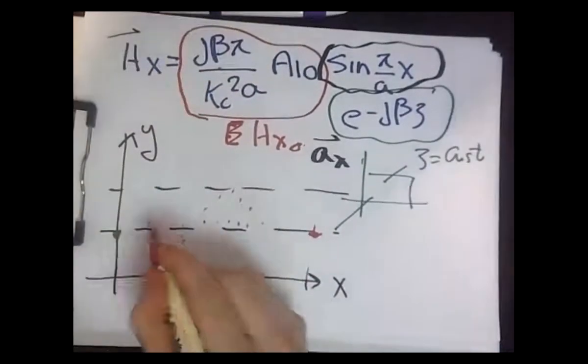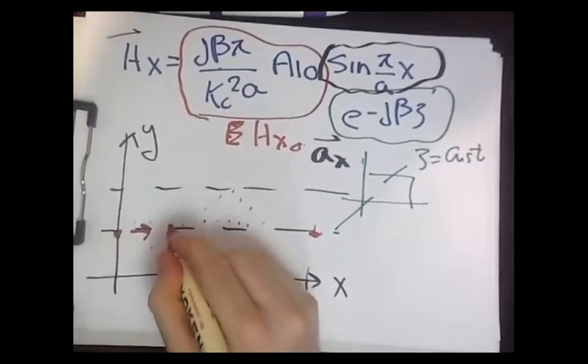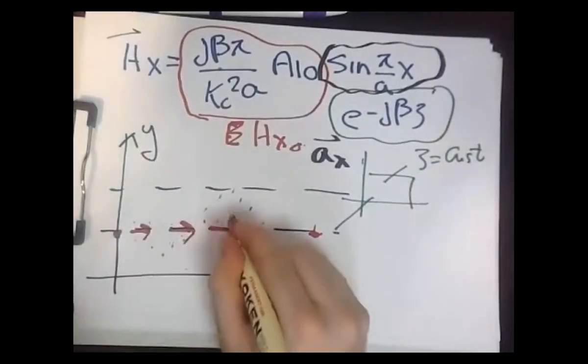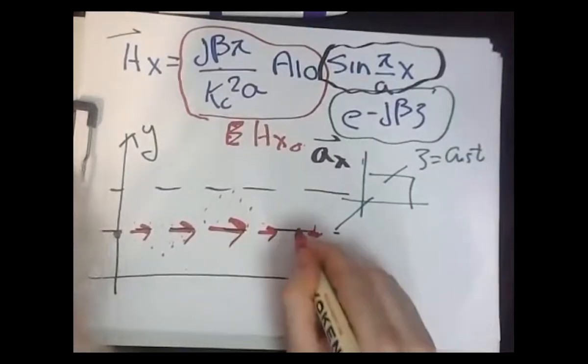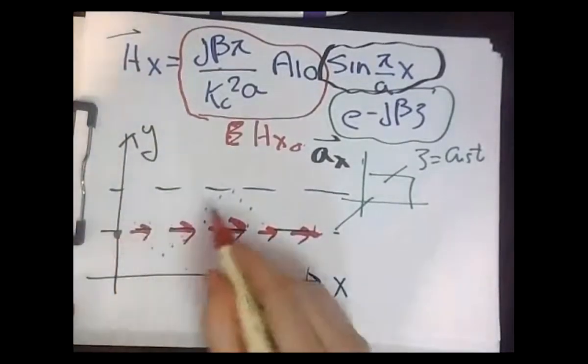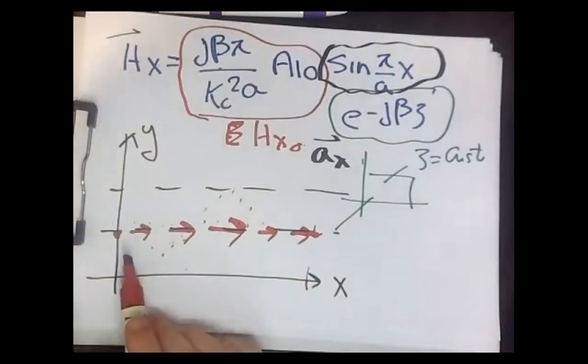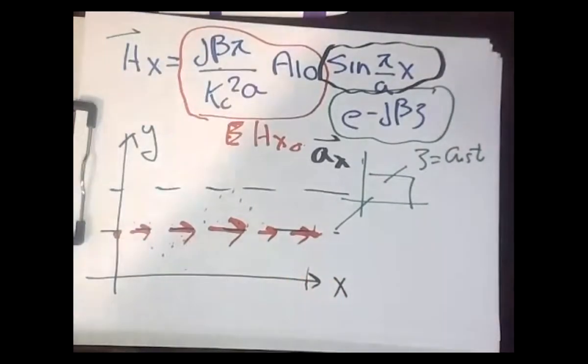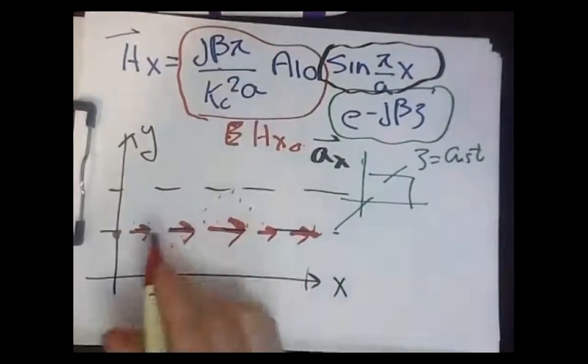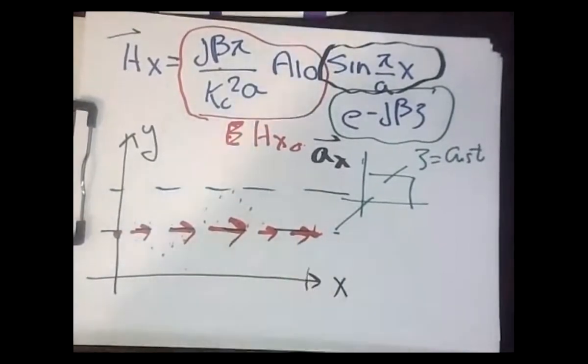In between, you will have an increasing and then decreasing function. As you can see, the increasing and decreasing of the function is simply determined through the length of this arrow. The arrow length can easily indicate the magnitude.